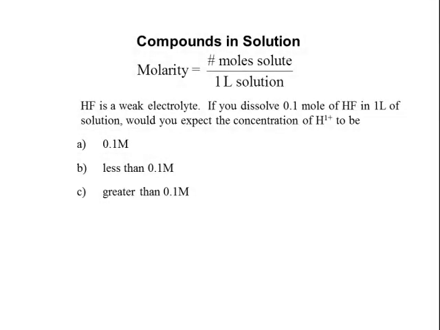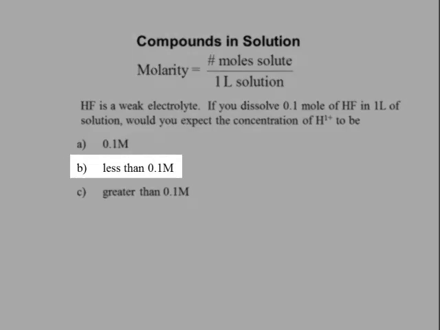If I look at HF, which is a weak electrolyte, dissolve the same amount in 1 liter of solution, I'd end up with technically 0.1 molar HF. Because it's a weak electrolyte, though, not all of it is going to ionize, and so we're not going to form 1 H+ for every HF we have. Because of that, we'd expect the concentration to be less than 0.1 molar.